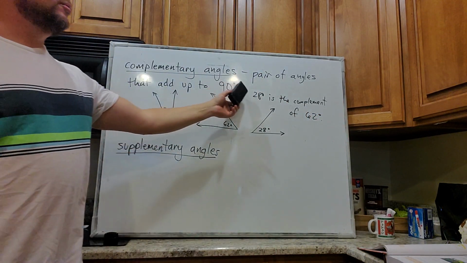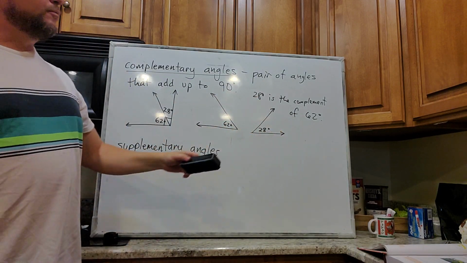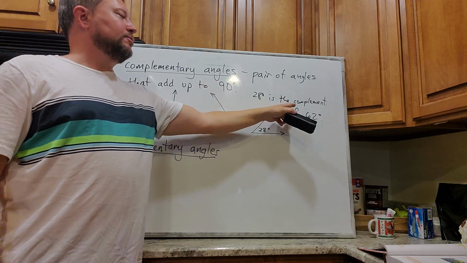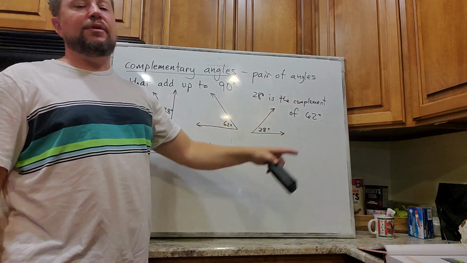It doesn't matter who you put first here, but if you want to say that as a pair they're complementary, then you say the one is the complement of the other.